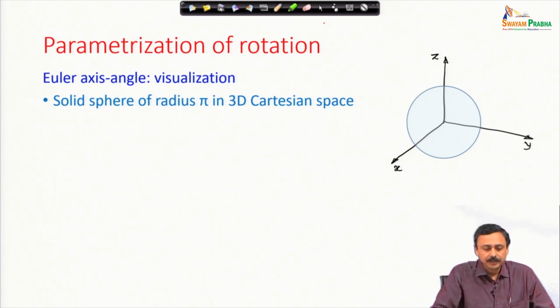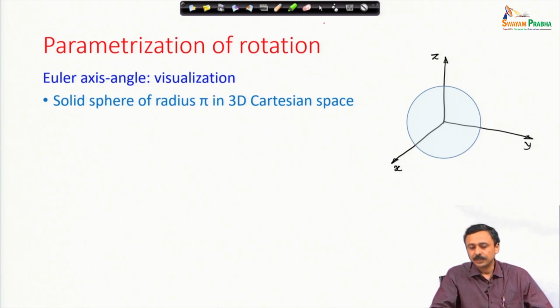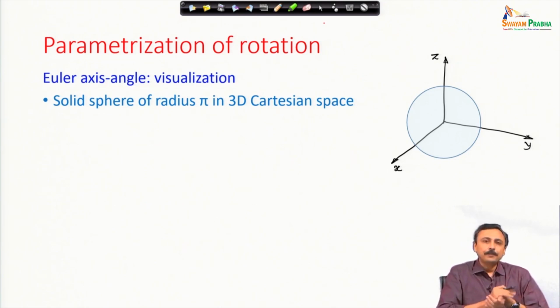Now, let us look at the visualization of Euler axis angle. Consider a solid sphere of radius pi in 3-dimensional Cartesian space. Now, what I am trying to get at is visualizing rotation.